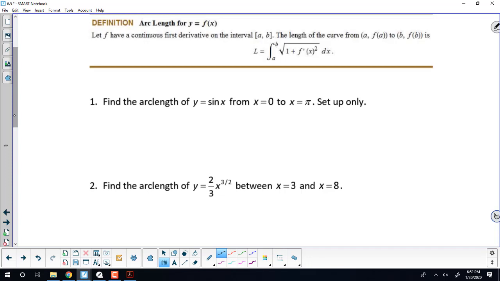So example 1 just says set this up. So it's the length of the arc that we looked at first, sine x from 0 to pi. You do it however you want, but typically I would at least find separately what 1 plus f prime squared is. So I usually just start off by finding the derivative of sine, which is cosine. And then we have to square the derivative.